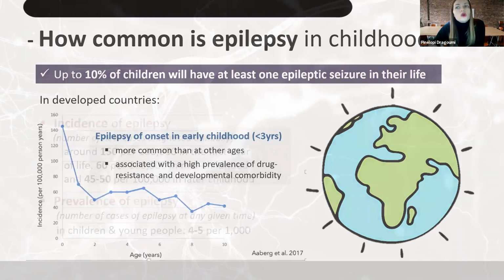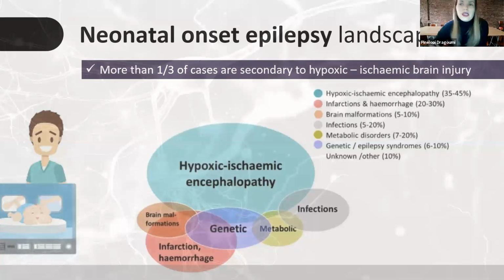Now, when we go to neonates, what is the etiology and frequency of seizures in neonates? We will see that more than 1/3 of cases here are secondary to hypoxic or ischemic brain injury.